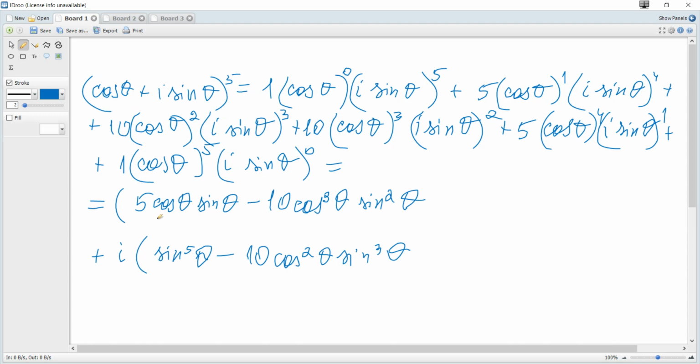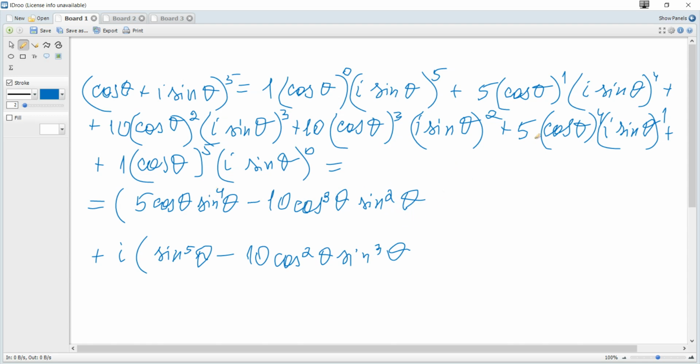Oh no, here you can see there is a mistake. The sum of the exponents must be 5, so here it's sin to the power of 4. You should always check that the sum of exponents must be 5, because it's very easy to make a mistake.